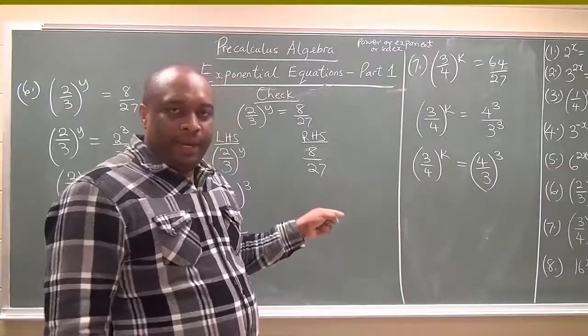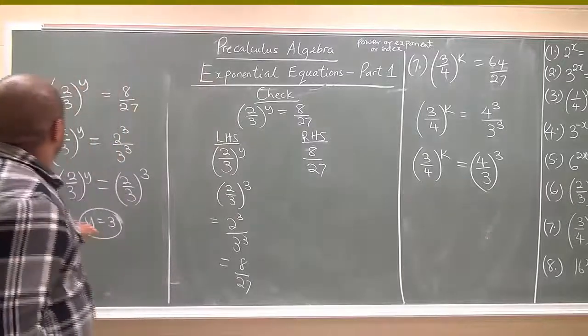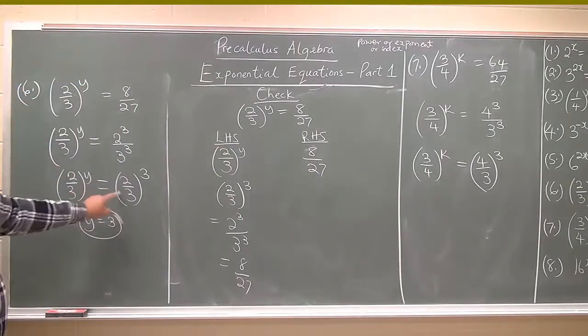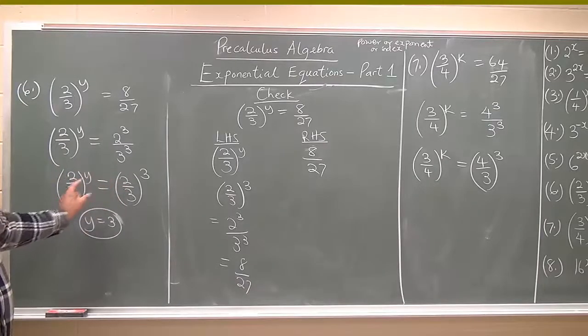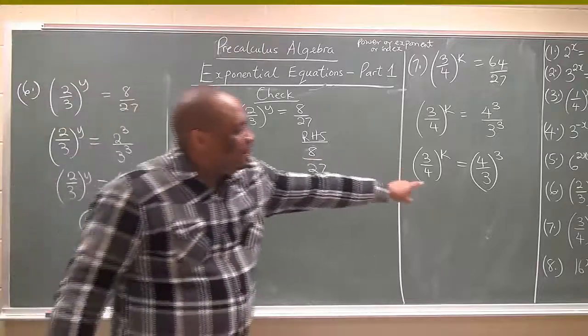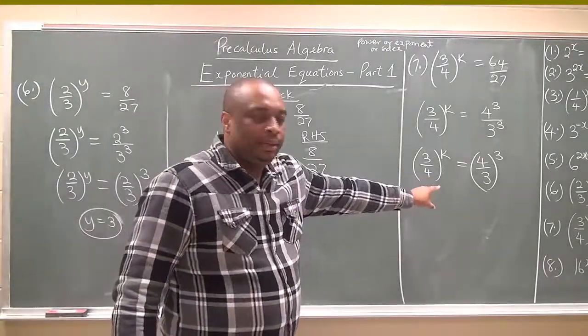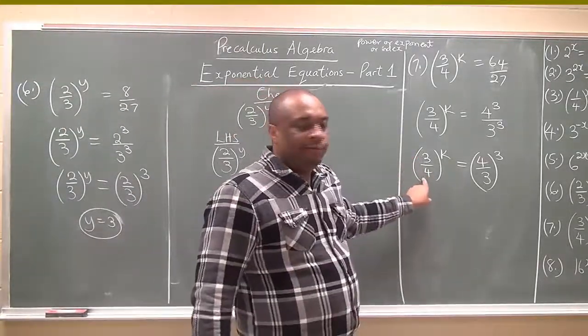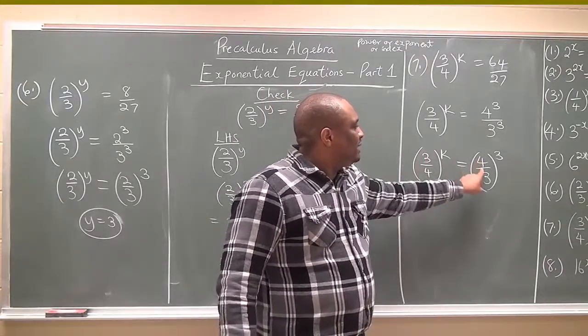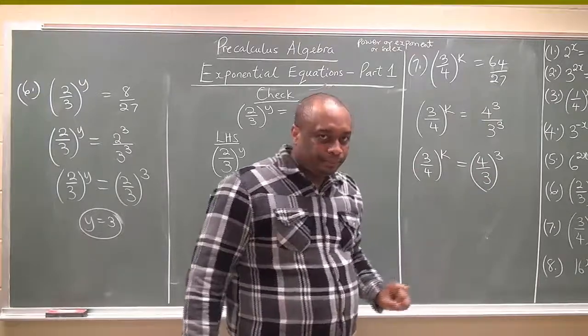We have a problem here. If we look at question 6, the base is the same, so we easily equated their exponents. But here there is a problem. The base on the left is 3/4, and the base on the right is 4/3.